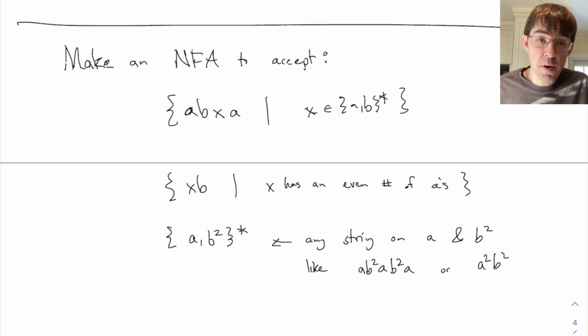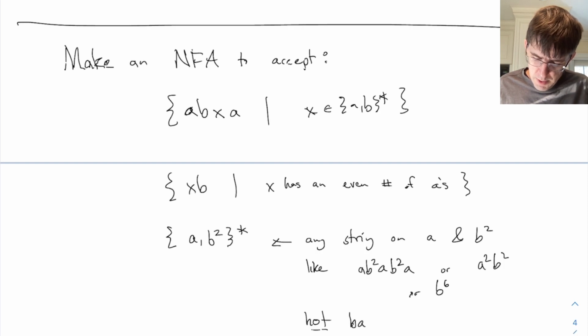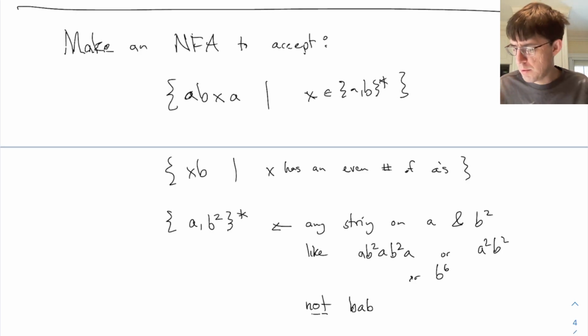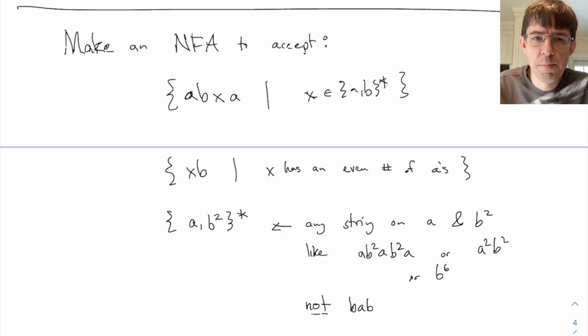As long as the B's are together in blocks of 2, or B to the 6, that counts, but not something like BAB, because those B's are not in blocks of 2. All right, see what you think. I suppose I won't do anything while you try them out. I'll give you 5 minutes or so to try them out, and then we'll talk about them, maybe a little more than 5 minutes.